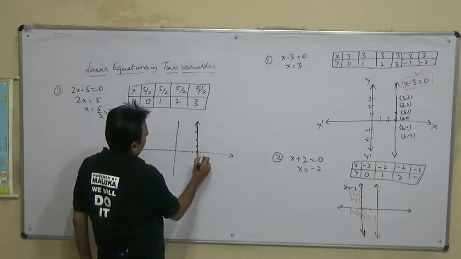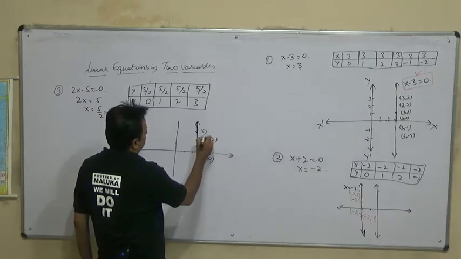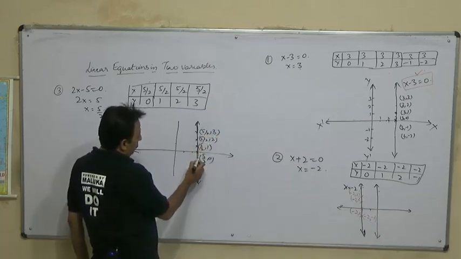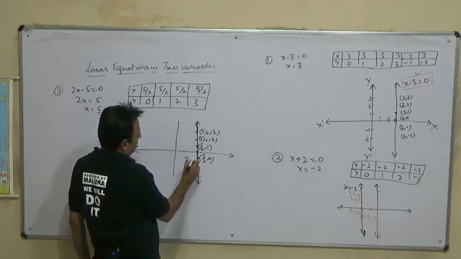So we can write this 5 by 2 comma 0, 5 by 2 comma 1, 5 by 2 comma 2, 5 by 2 comma 3, and if you want to go below, this is 5 by 2 comma minus 1, this is 5 by 2 comma minus 2.